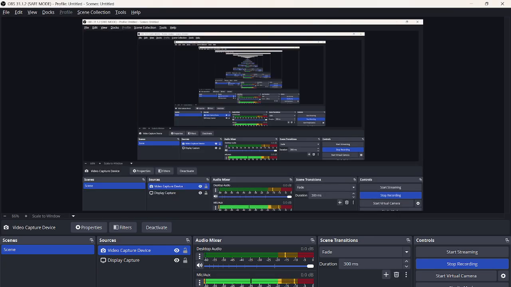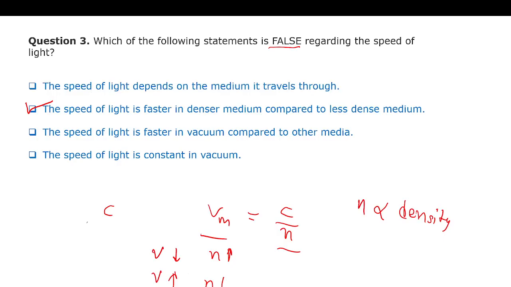As you can understand, the speed of light decreases as the refractive index increases, and increases if the refractive index decreases. So that's why the false statement is option B.